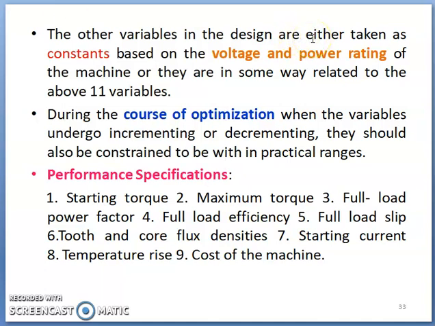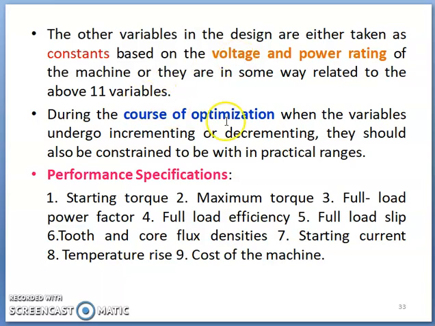They are taken either as constants based on the voltage and power rating of the machine, or they are in some way related to the 11 variables we have seen. Sometimes, depending upon the voltage rating as well as the power rating of the machine, some variables are kept constant along with those 11 independent variables.